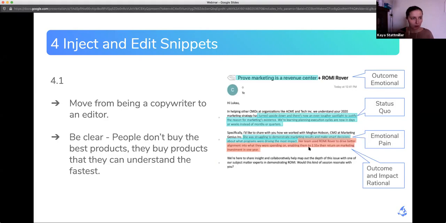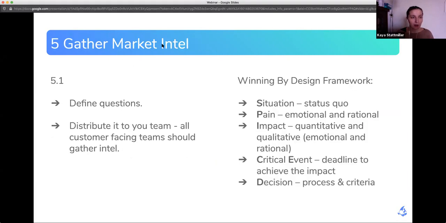Now we are going to gather marketing intel, or intelligence. Actually, step number 1 and step number 5 are basically connected. The reason why I started with number 1 is that if you don't have a system in place to gather this intel, this is where you will start.